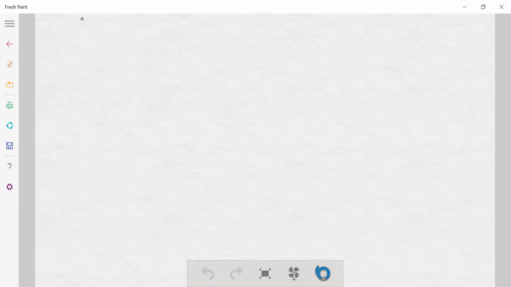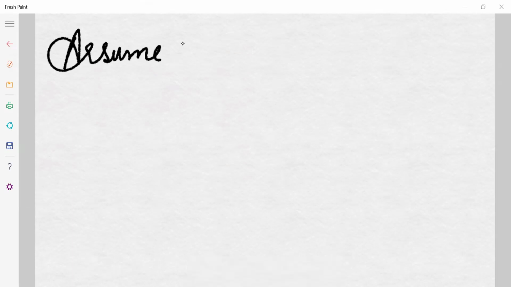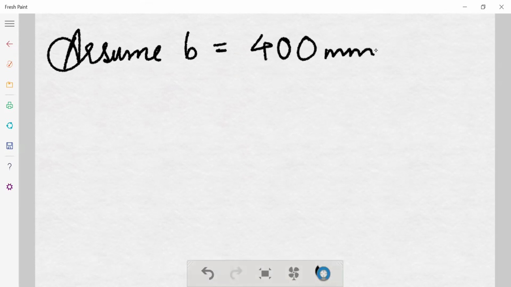So assuming the width of the beam, we have not taken the beam width, right? So assume this is 400 mm.